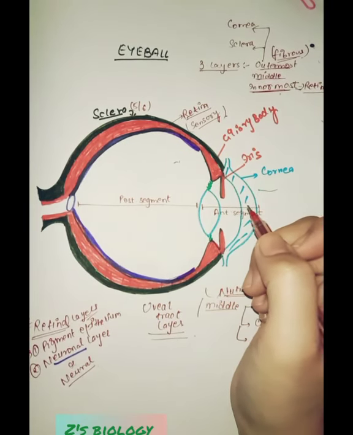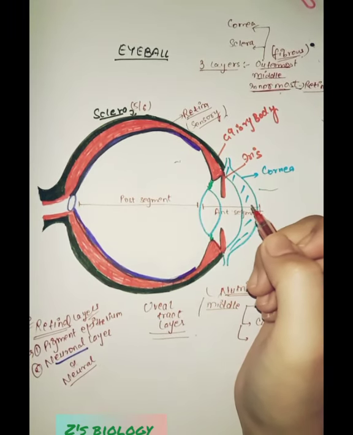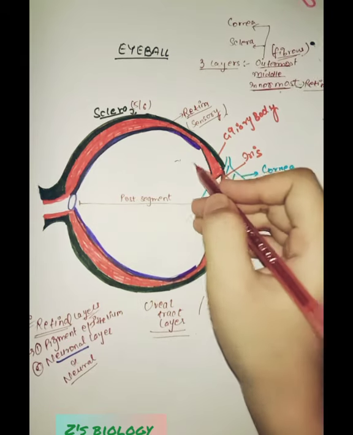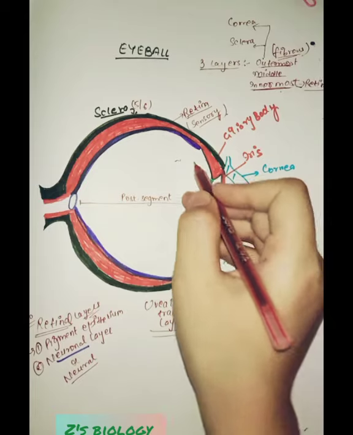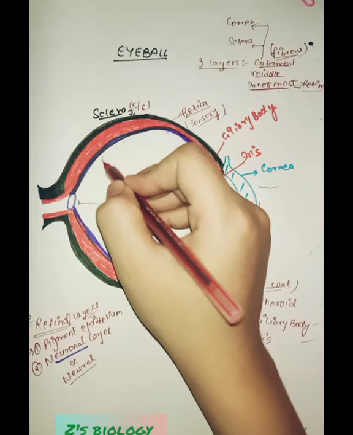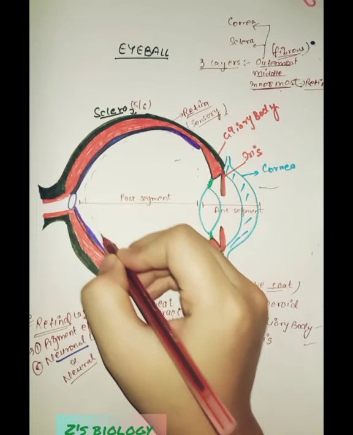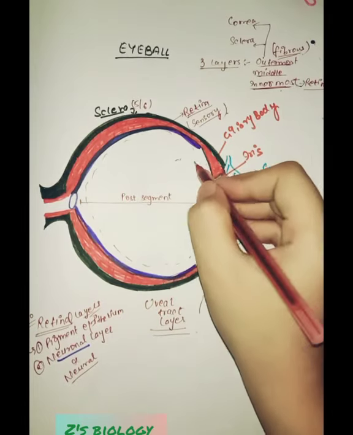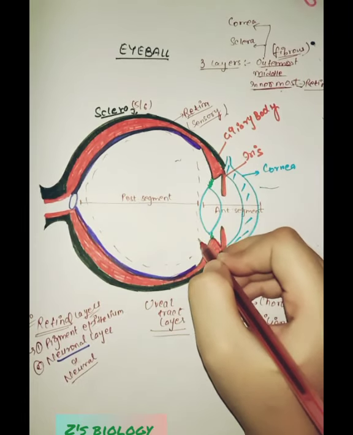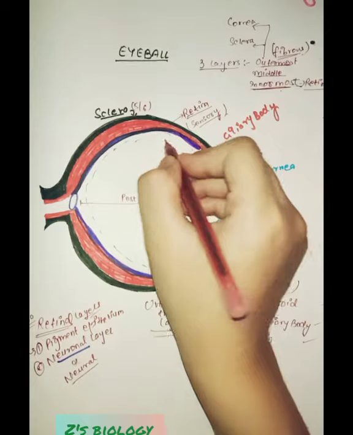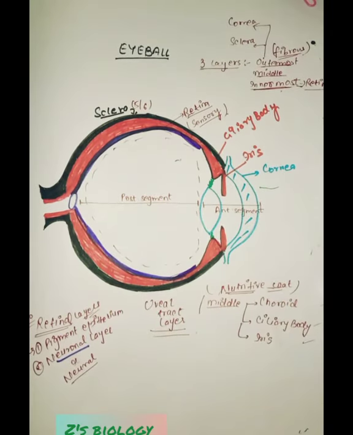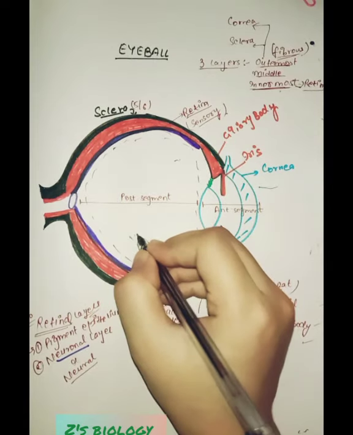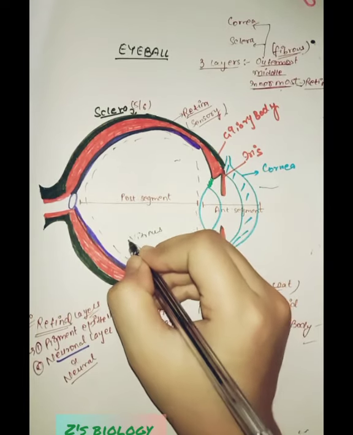Okay, starting from this part, posterior, if you can see this part, from the retina till the posterior part of the lens, this whole part is known as the vitreous body.